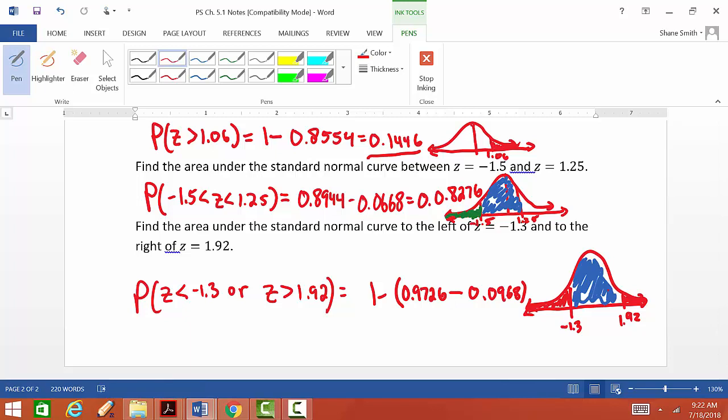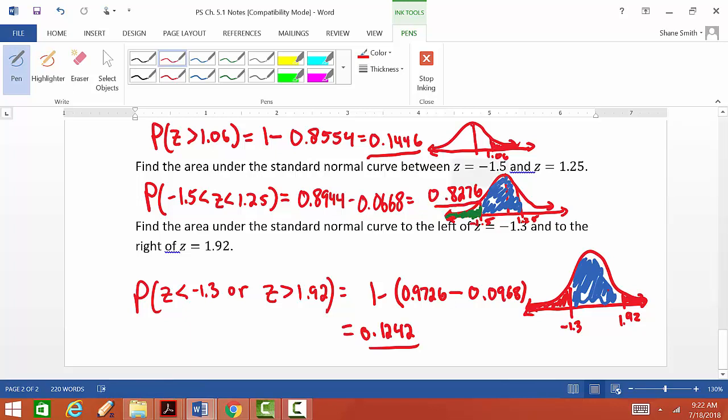So let's see, 0.9726 minus 0.0968 is 0.8806, and then 1 minus that is 0.1242. That's my final answer. Just realized I put 2 zeros here.